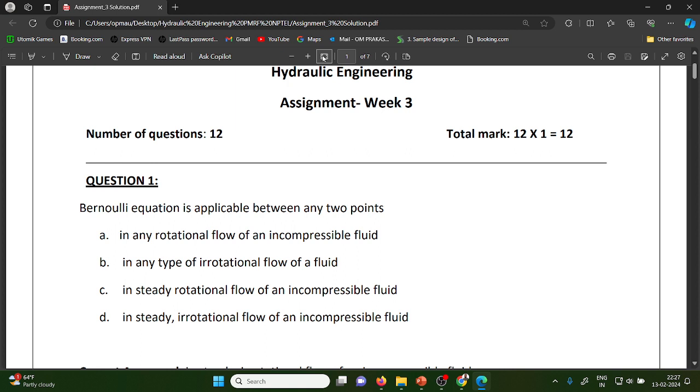Please think on that. This is very, very important. Basically, the question is from the assumptions you have taken during the derivation of Bernoulli's equation from Euler's. So here you will think.